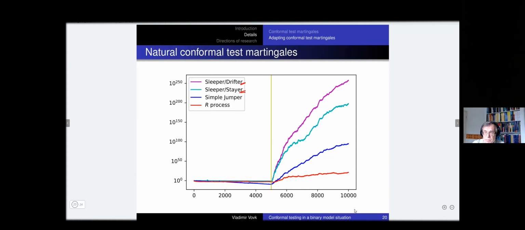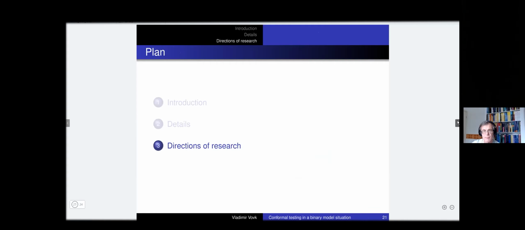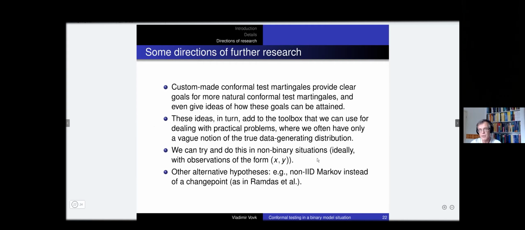You can see that they perform much, much better than the simple jumper. So the idea is that you fix a model situation, and then you get some ideas for practically useful conformal test martingales.